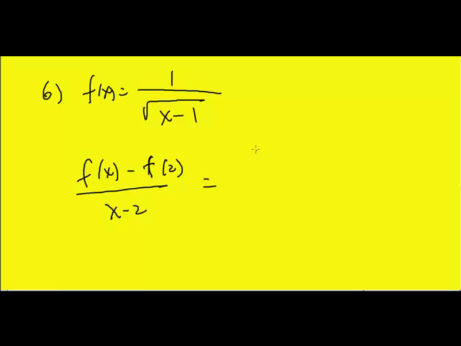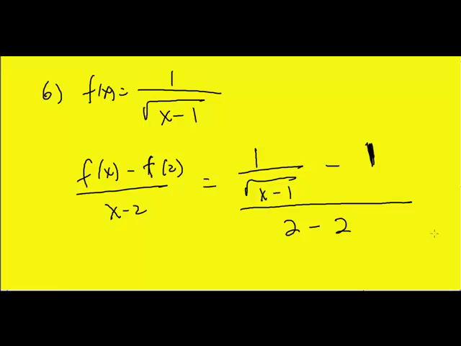Okay, f of x is 1 over square root of x minus 1 minus f of 2, which means you're going to put in what in place of the x? 2. When you do that, take the square root of that, it's going to turn into 1. So that's 1. And in the bottom, you're going to put in 2 minus 2. Done.